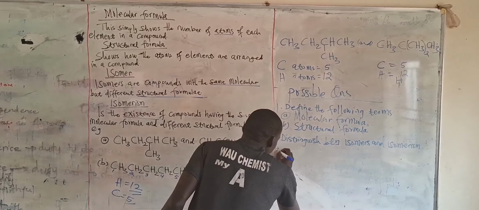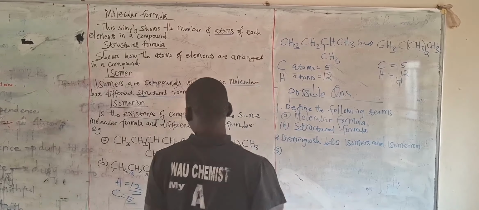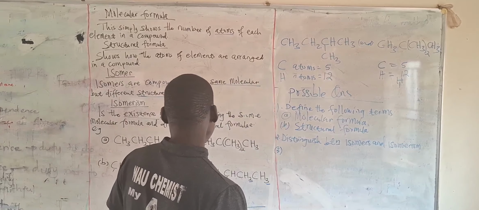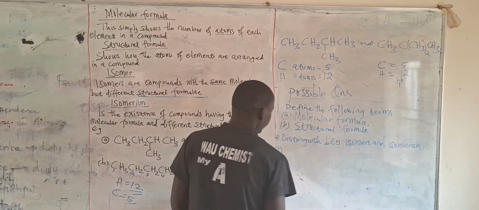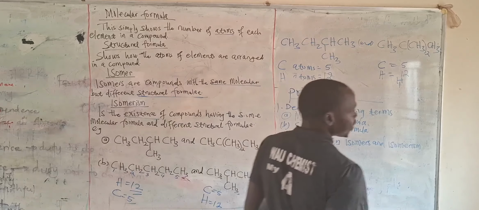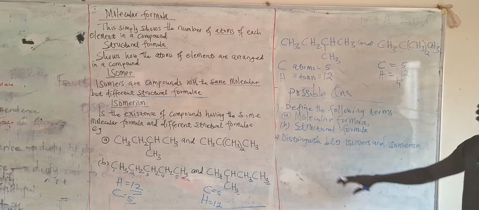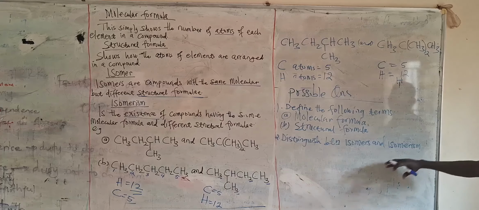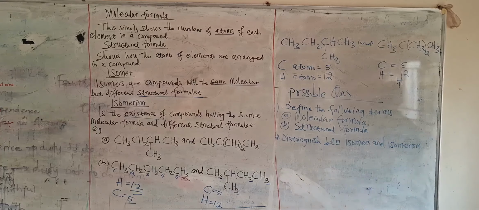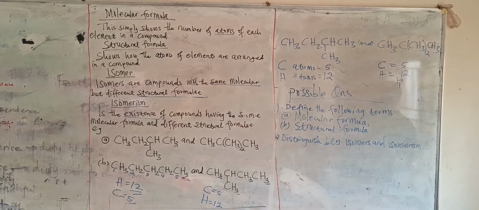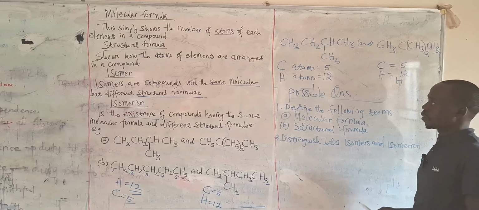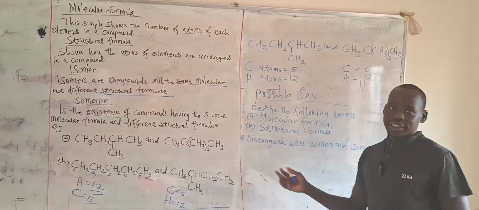Then part 3 will be giving examples. So you'll be in position to give some examples that have the same molecular formula but a different structural formula. So we end here for this time. Thank you.